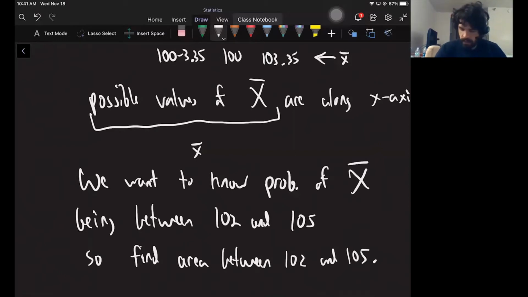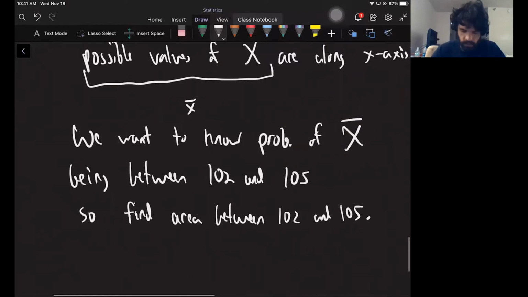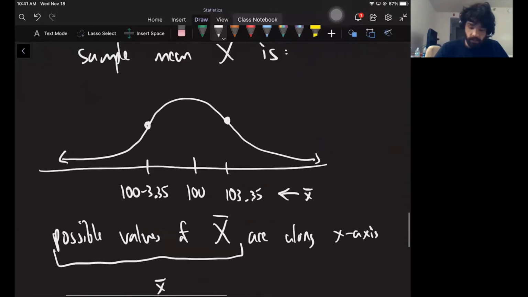And again, we did this kind of problem last time, but now we're using fancy terminology. Okay, so how do I find area between 102 and 105? I'll just sort of estimate 102, 105. How do I find this area?